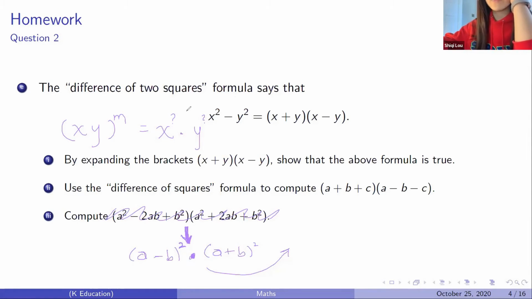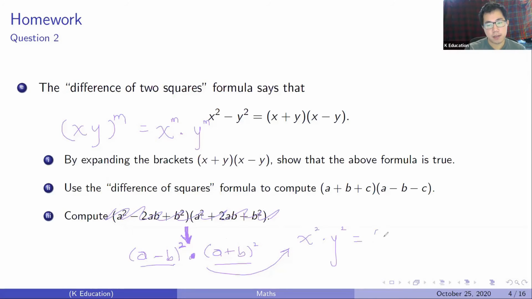X to the power of m times y to the power of m. Okay, do you see how this is related to here? So a to the power of 2 take away b to the power of 2. No. You see this is x and this is y. So it's x squared times y squared. This is the same as xy squared, right?